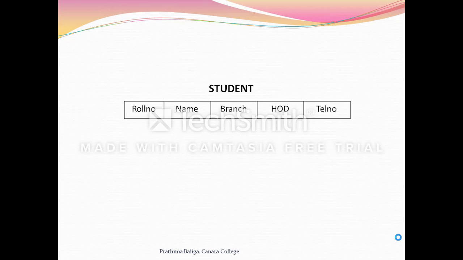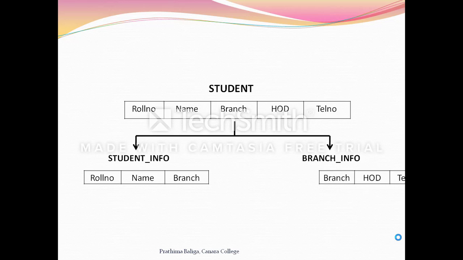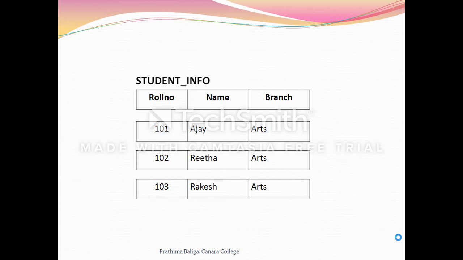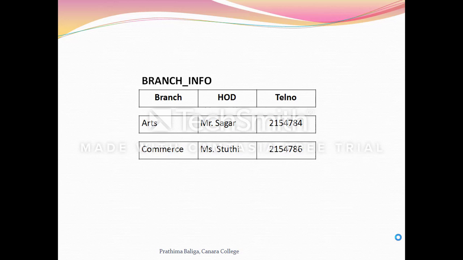We should actually divide the student table into two separate tables, that is student information table and branch information table. The student information table has only student related information like roll number, name and branch. The branch information table has only branch information like branch name, name of the HOD and the telephone number of the department.